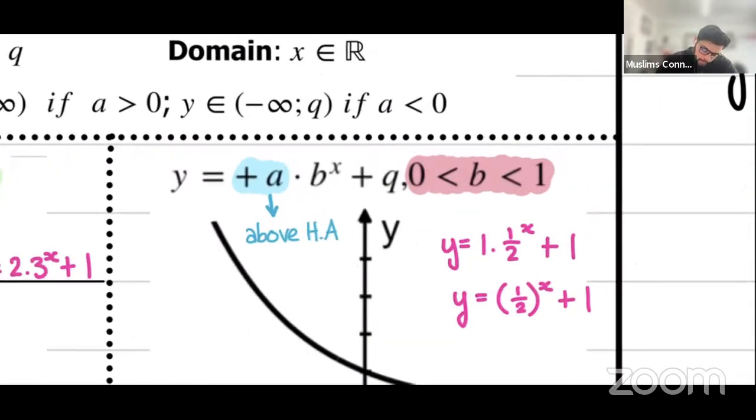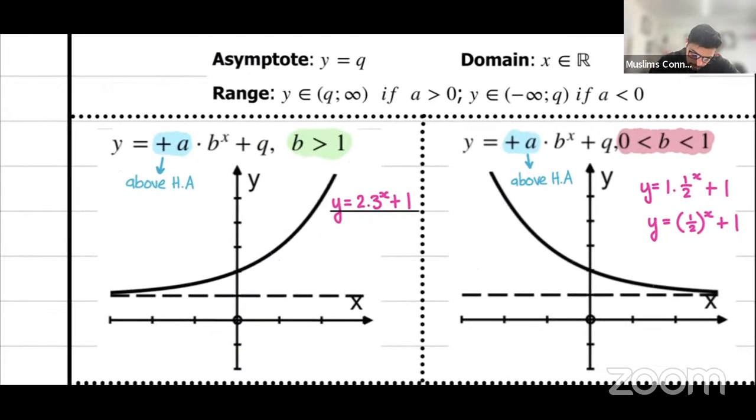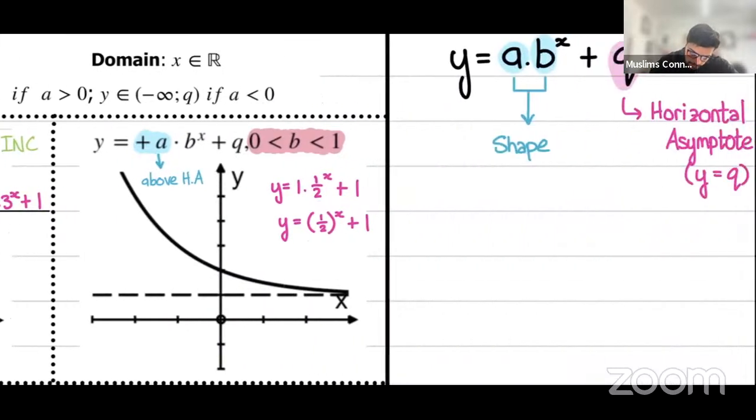Okay, cool. So how does b affect the shape? In this particular case, if b is greater than 1, the function is increasing. But in this particular case, b is between 0 and 1, and the function is decreasing.